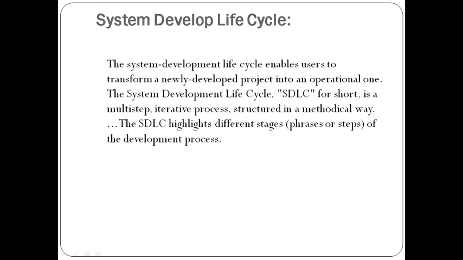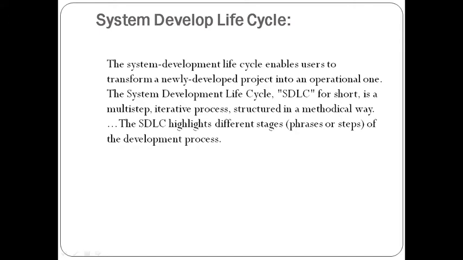System Development Life Cycle means transforming a newly developed project into an operational one. So, we want to start on a program. How are we going to start? We want to convert our input to output. The way we have to proceed is through some process: input, process, output.